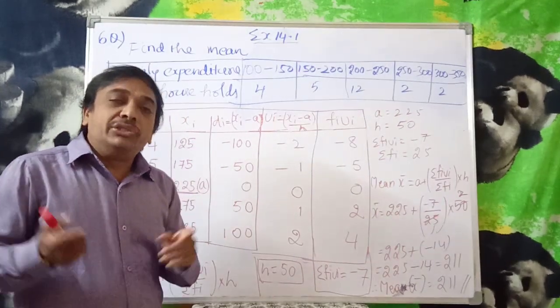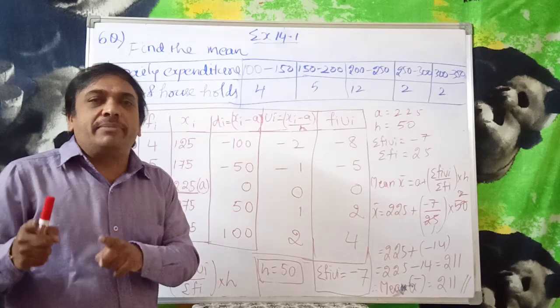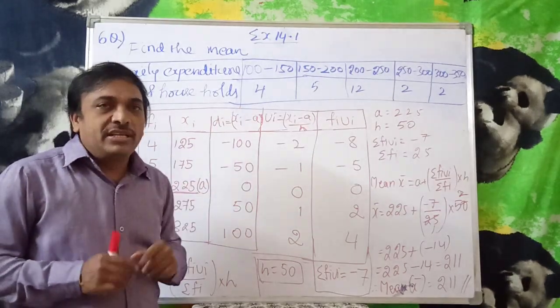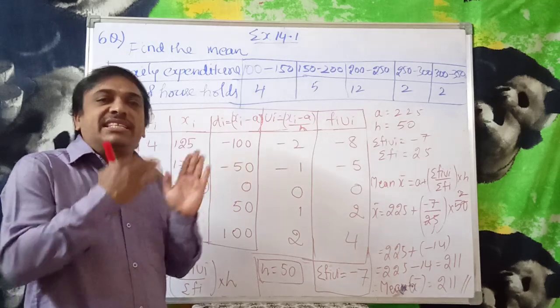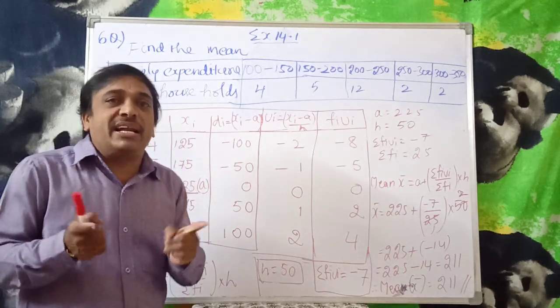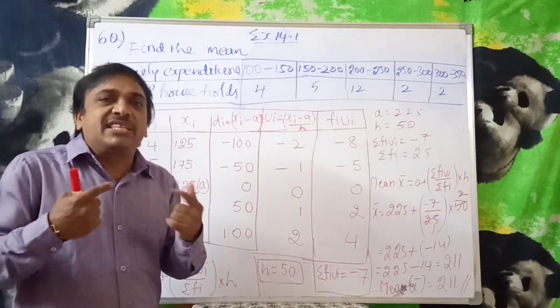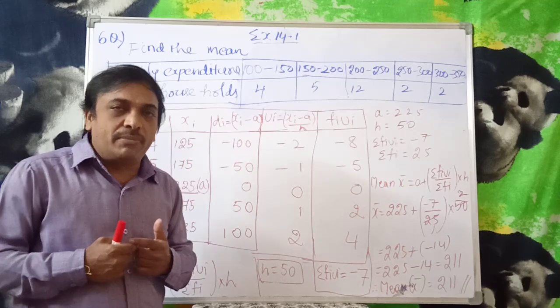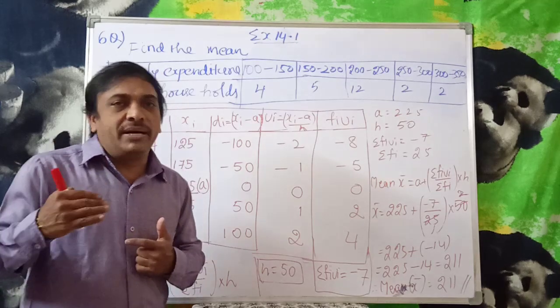What will you write? You can write Xi minus A by H, or else you can write Di by H. That's why in the formula I gave both. You must remember and revise the formulas every time. Whenever you get the time, you need to revise the formulas so that you will remember.